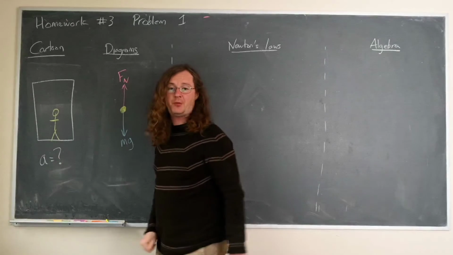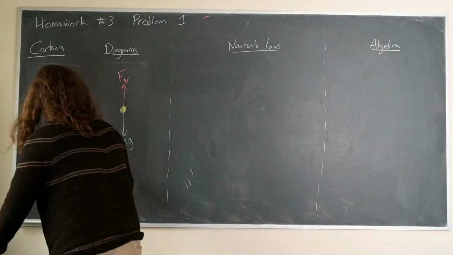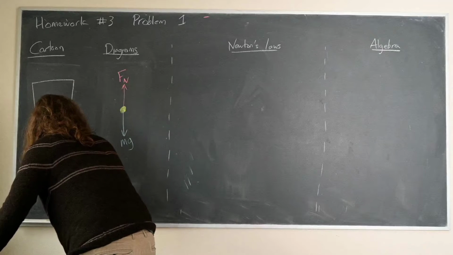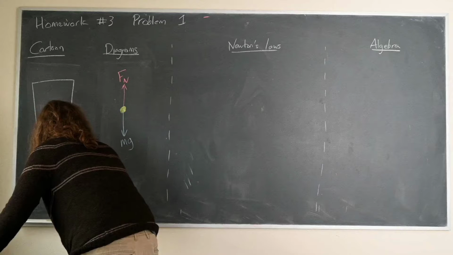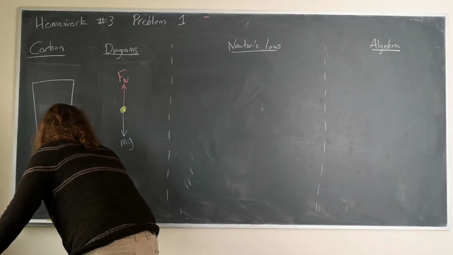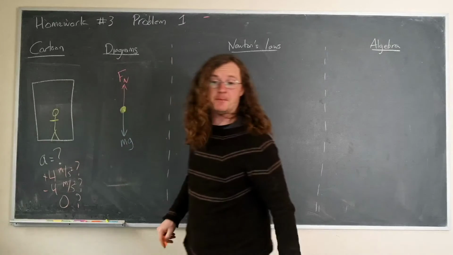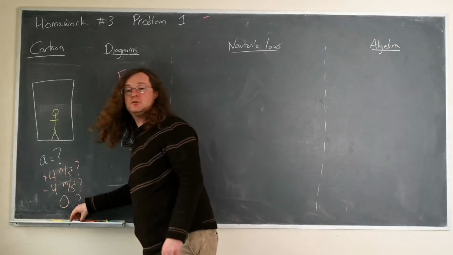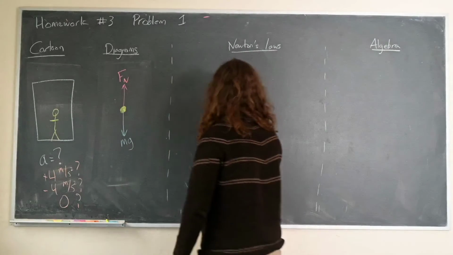Whether this is plus 4 meters per second squared, or minus 4 meters per second squared, or 0, these are the only forces you've got. Newton's laws of motion, again, sum of the forces equals ma.